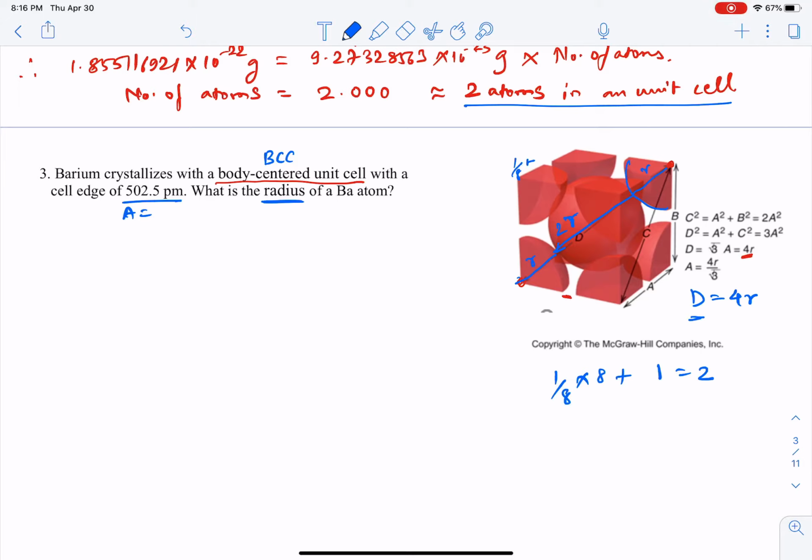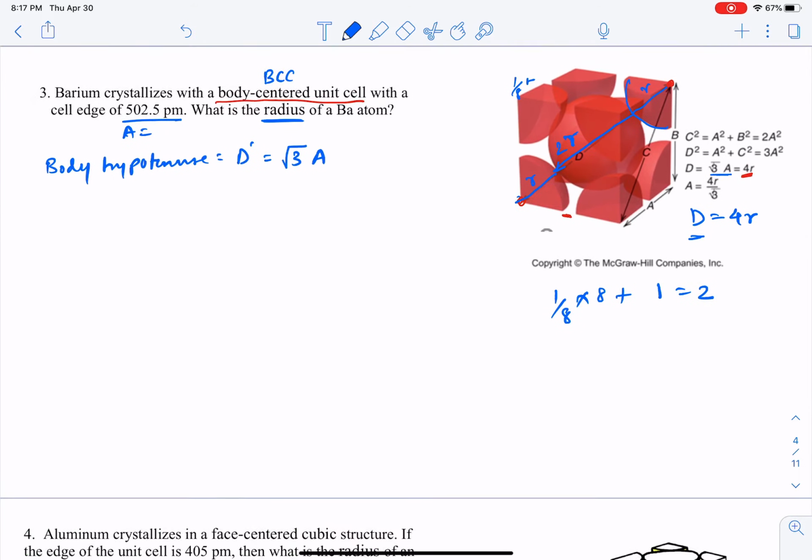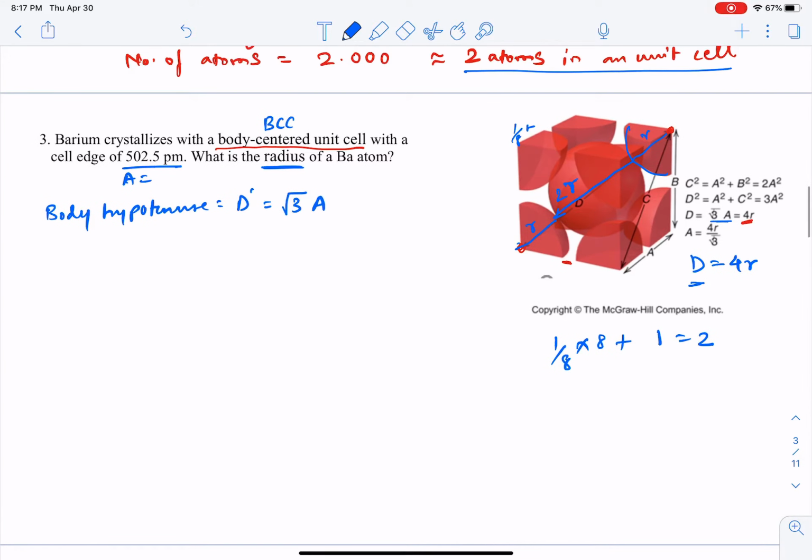Since a is given, we have to find a relation between D and a. The value for the body diagonal D is equal to root 3 a, that you directly get from here. You can calculate it by yourself, the steps are given.